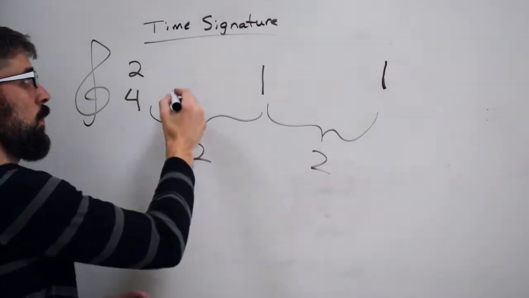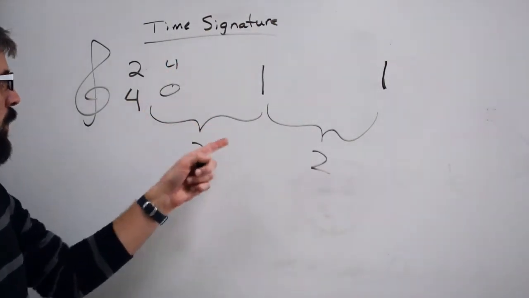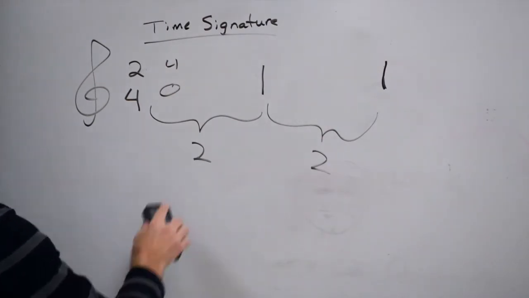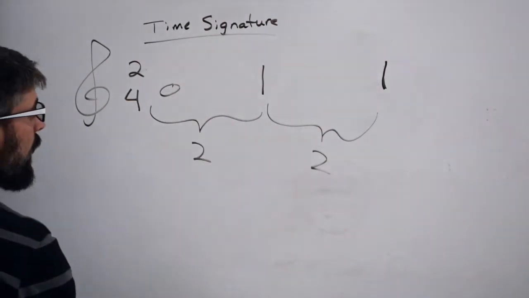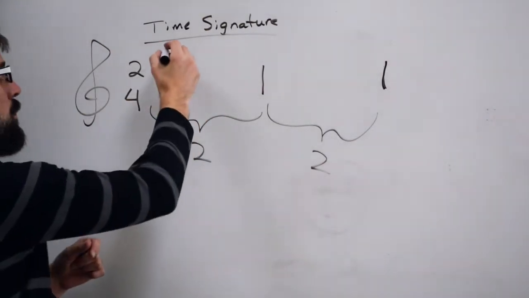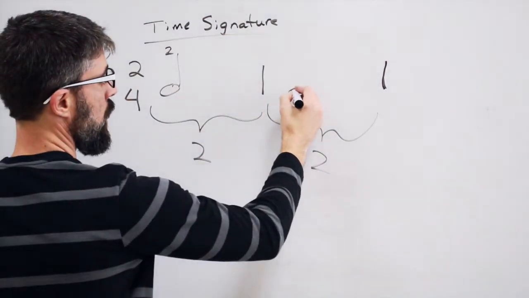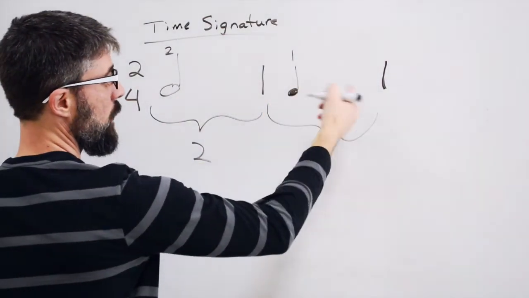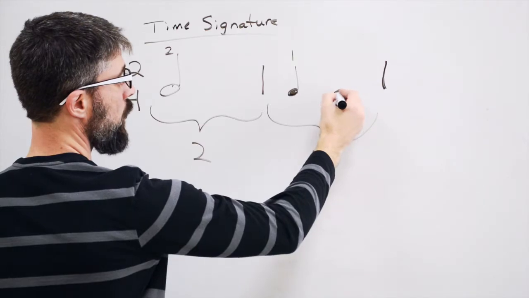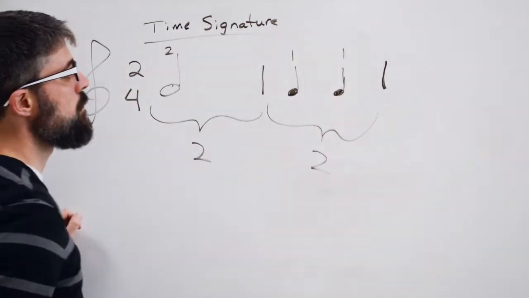So we know we can't use that whole note again because that whole note's worth 4, and that's more than can fit in a 2-beat measure. So we can forget that. We could use a half note because that was worth 2. We could use a quarter note here, and then we still have 1 beat left. Maybe another quarter note if we want. That takes up 2 beats, right?